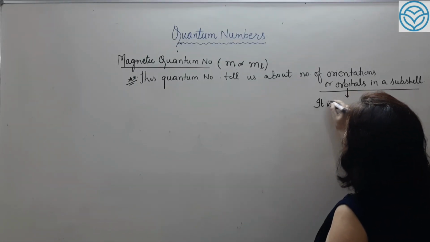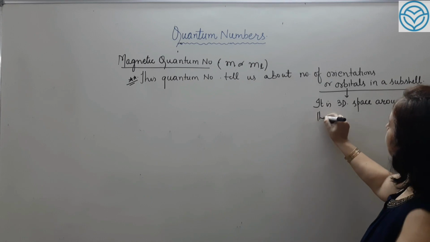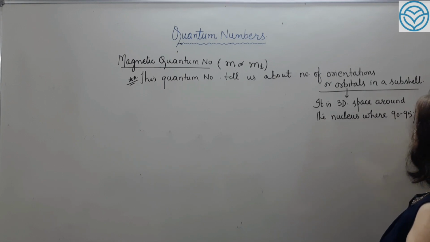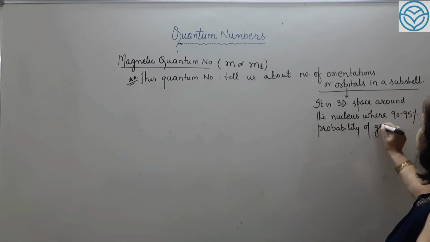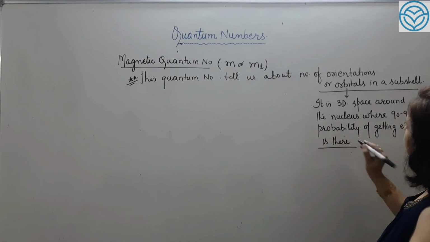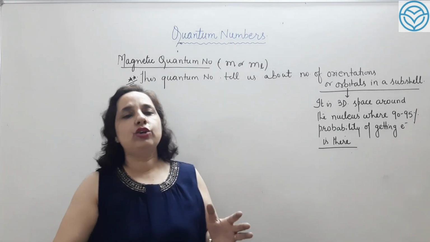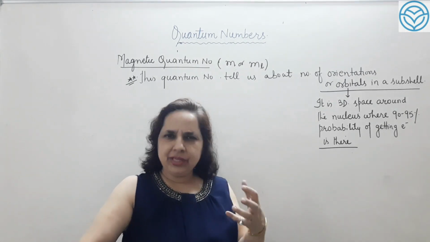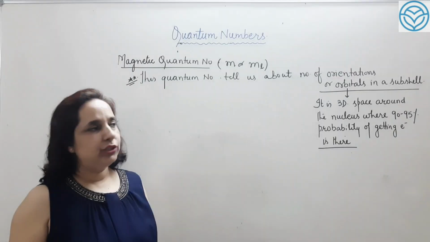It is a three-dimensional space around the nucleus where there is 90 to 95% probability of getting an electron. So the orbital is the region where actually 90 to 95% of the time you find the electron. That means an orbital is actually a three-dimensional region around the nucleus in which we can identify the location of the electron. It is the 90 to 95% address of an electron where we can get the electron.